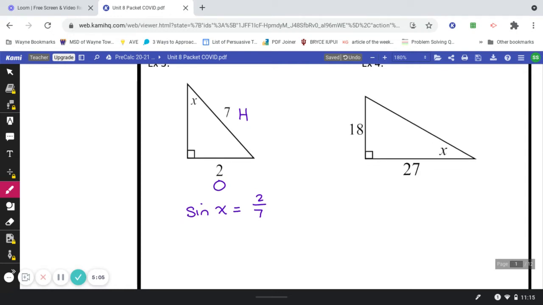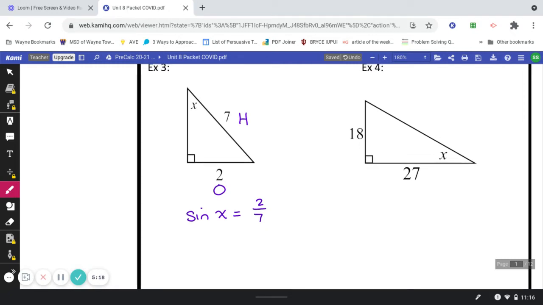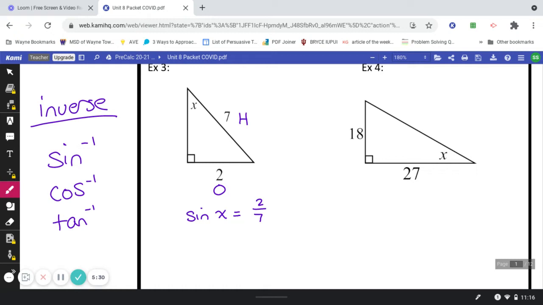Now to solve for x, we need to get rid of the sine. This is not the same as dividing out. It's not sine times x, it's sine of x, which means we have to do the opposite of sine, and the opposite of sine is inverse sine. Either you're going to use inverse sine, inverse cosine, or inverse tangent.